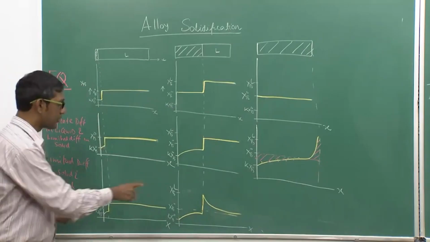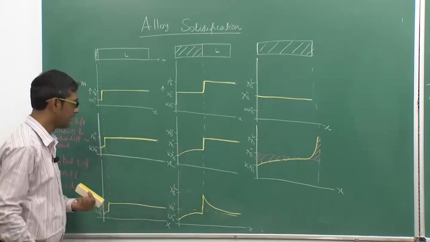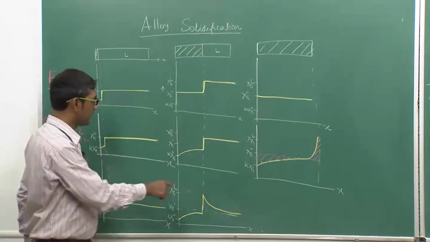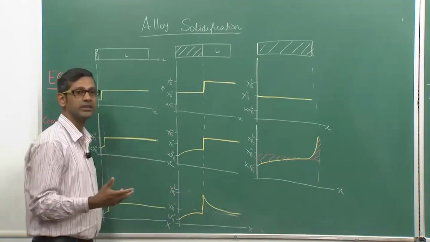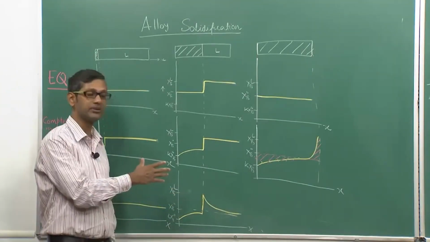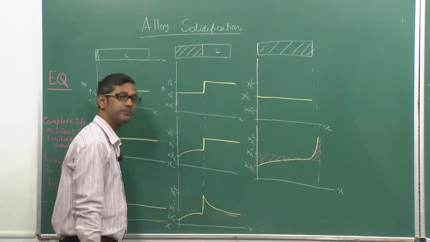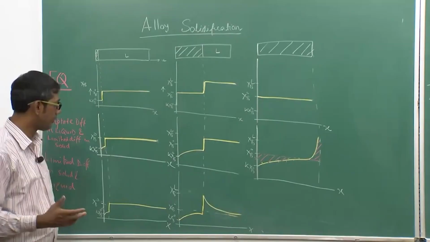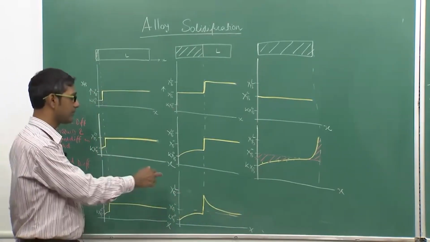So, in the solid, because of limited diffusion, the composition will be looking exactly the same as that, but in the liquid it will no longer even be flat, it will be like a pile up. At the interface there is a solute pile up, and the reason is very simple, liquid has limited diffusion, there is no convection, so because of that there is a pile up, and this pile up is basically the reason for creating such a spike of the solid profile at the interface.